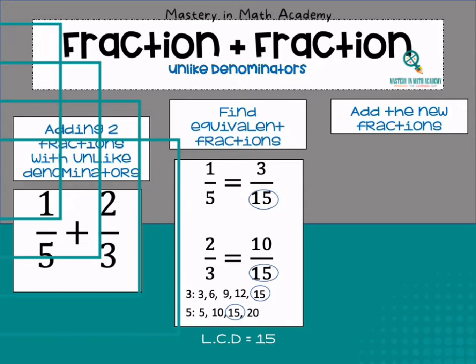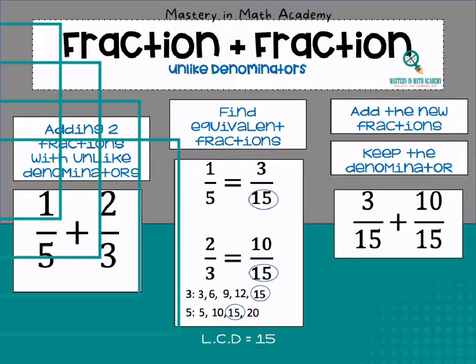We have 1/5 is the same thing as 3/15, and we have 2/3. That's the same as 10/15. And we are going to focus on our new fractions, which is 3/15 and 10/15. And now we're going to add them together because those are the same denominators.